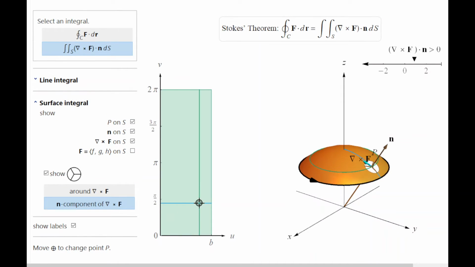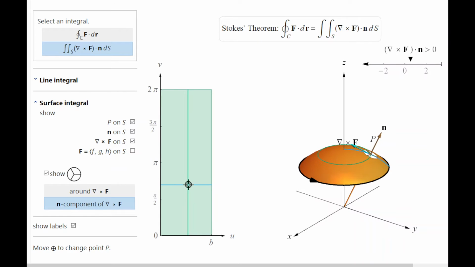Here this n, the brown vector, is a normal vector, and the curl of F is that turquoise one, and F is the red one.